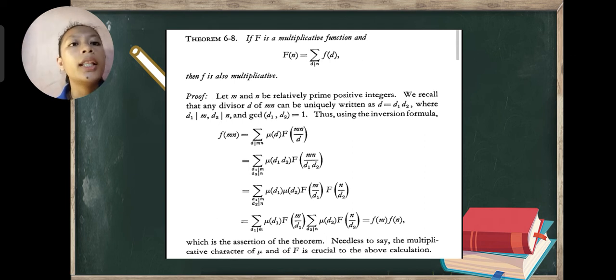Proof. Let m and n be relatively prime positive integers. We recall that any divisor d of mn can be uniquely written as d = d1 d2, where d1 divides m, d2 divides n, and gcd(d1, d2) = 1.